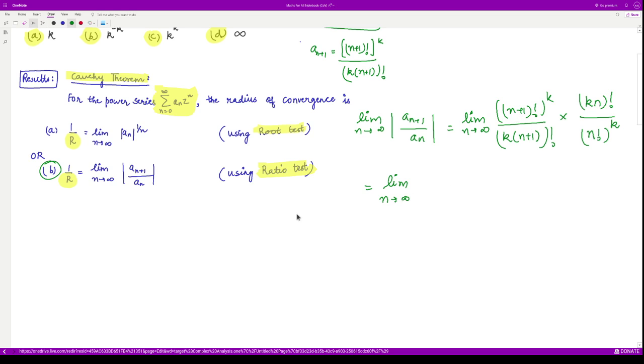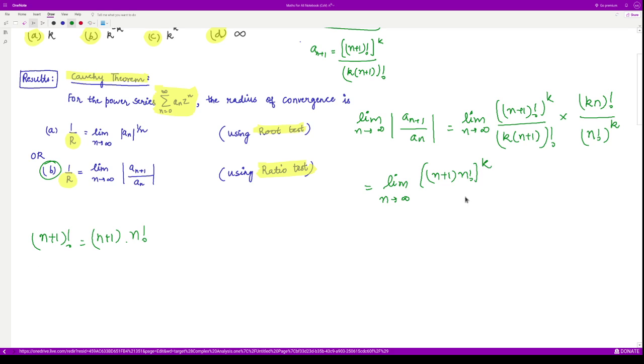So now we can write n plus 1 factorial as n plus 1 into n factorial, no problem in doing that. So we have n plus 1 into n factorial whole power k, right?